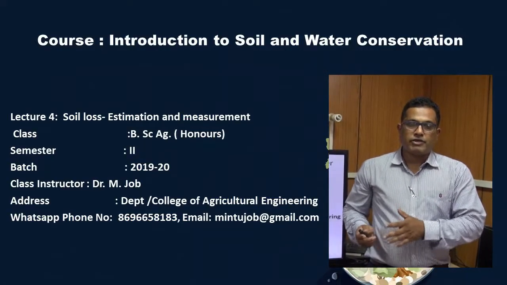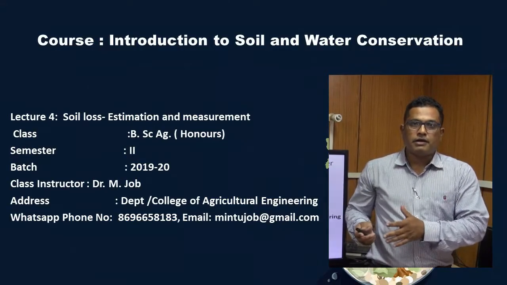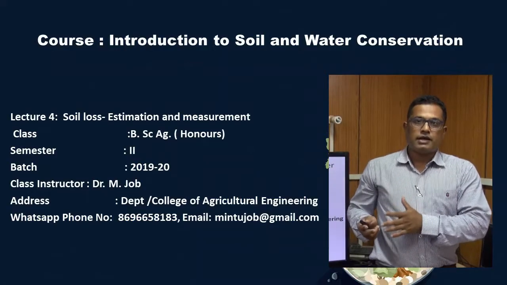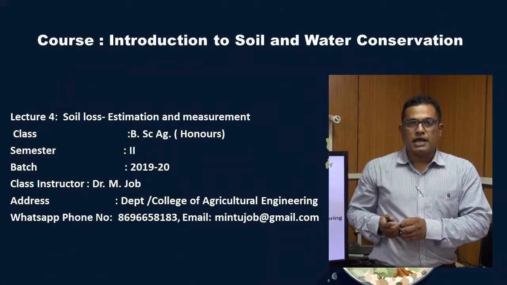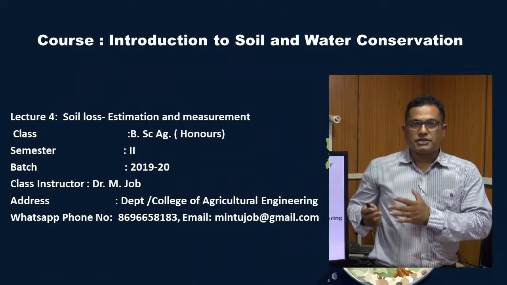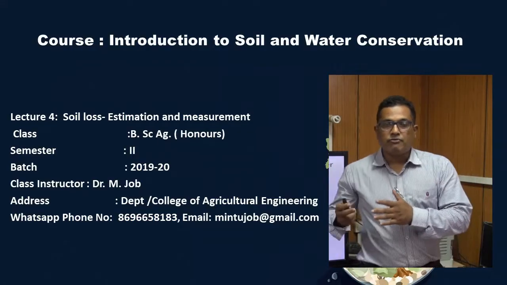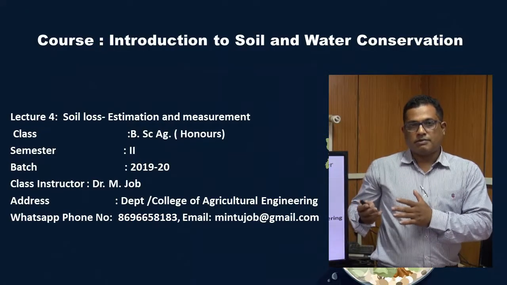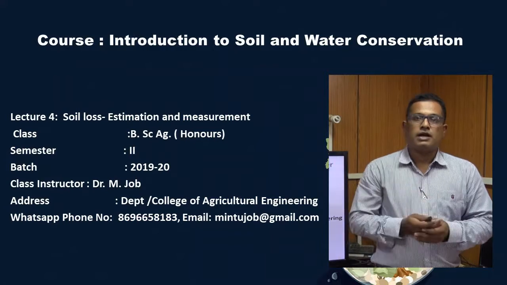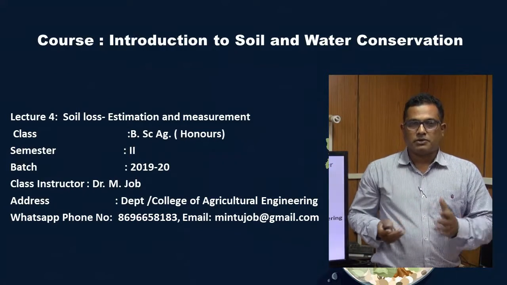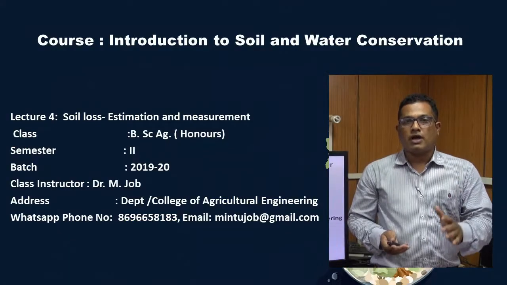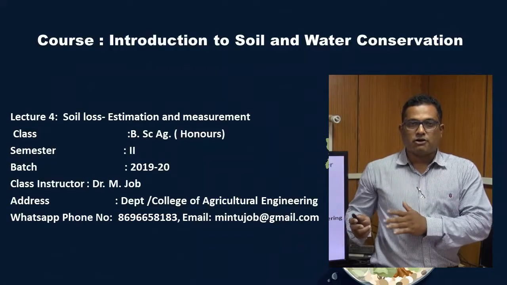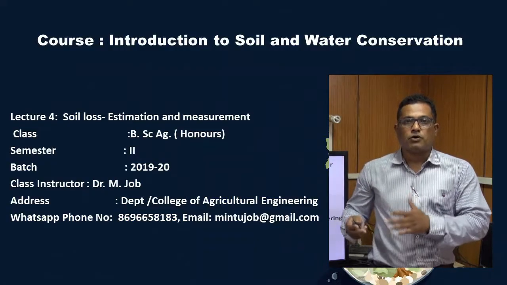Also, there is a technique which is used in many water conservation structures like water harvesting structures and minor irrigation projects. There, how do we measure the soil loss? Soil loss is very important as far as the capacity of the pond or the water retaining structure is concerned, because due to soil loss there is a deposition of silt on the beds, thereby reducing the overall capacity of your dam, pond or lake.